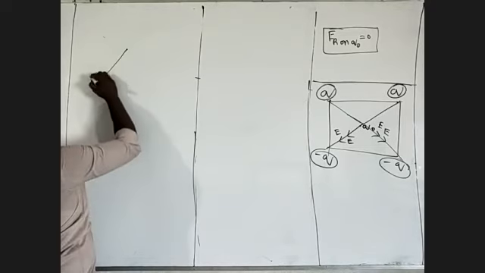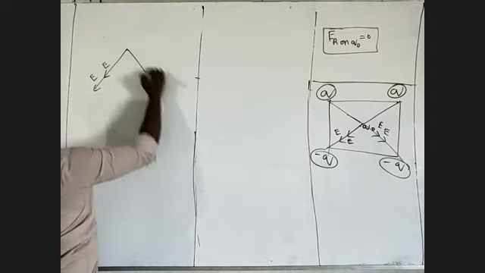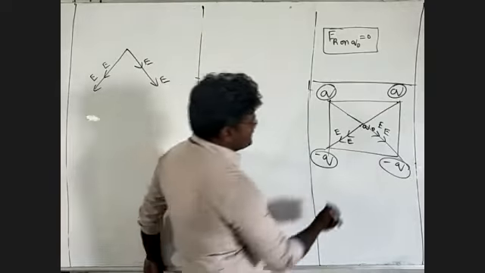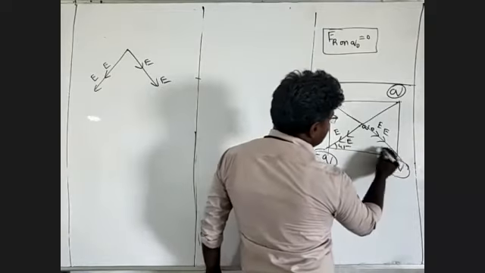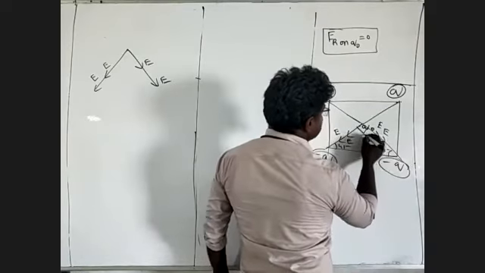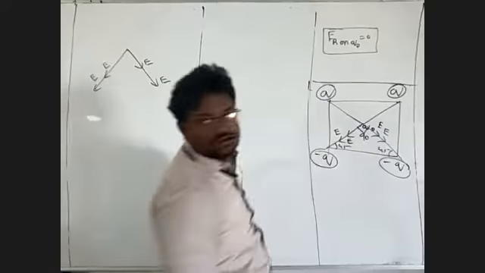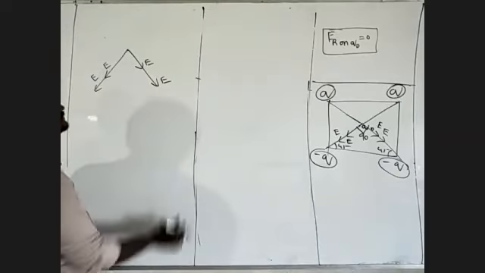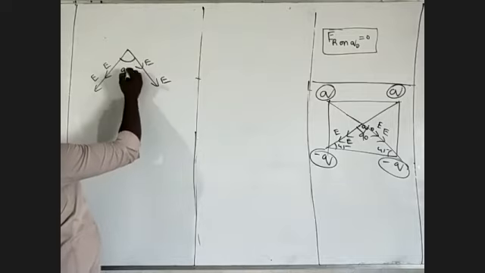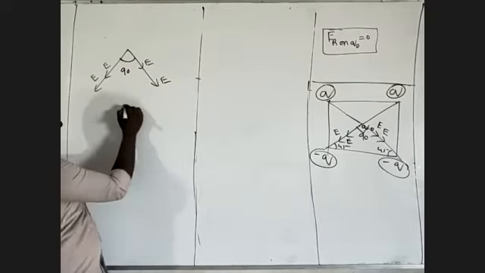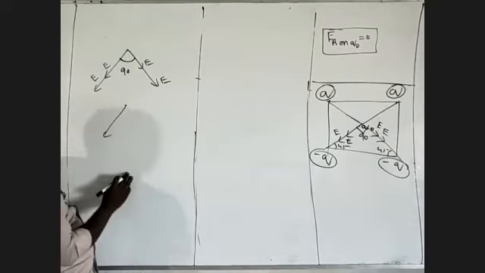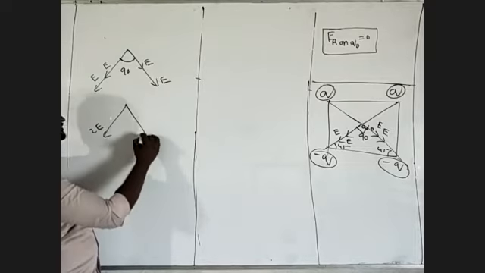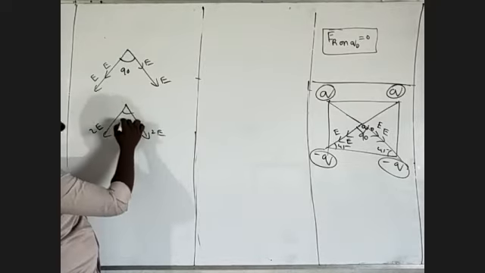This is E, this is E, this is E, this is also E. You will see here the angle is 45 degrees, here the angle is 45 degrees, here the angle is 90 degrees. 90 plus 45 plus 45, totally 180. So the angle here is 90 degrees. Both E are in the same direction, same magnitude. Now this angle is 90 degrees.